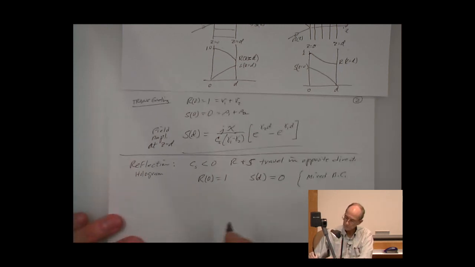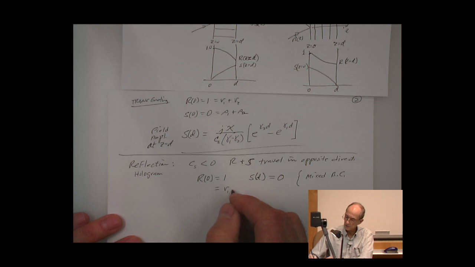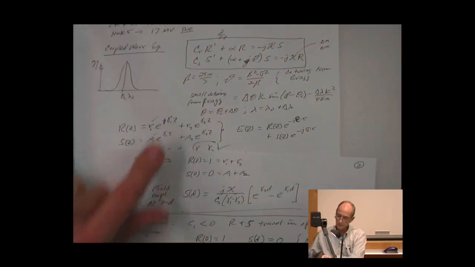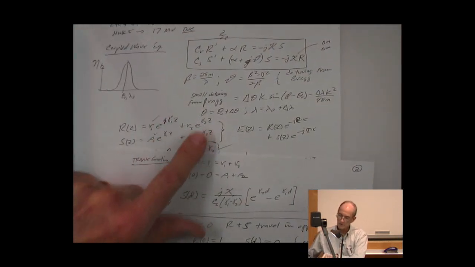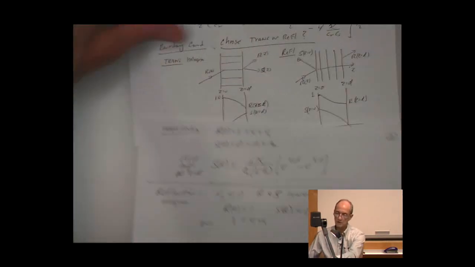Okay, so again, we have r of 0 equals 1. So what this tells us is that we have, once again, r1 plus r2 is equal to 1, all right? Because, again, here we have z equals 0, and that sets these two exponentials equal to 1, and so you're just left with the r1 and r2.